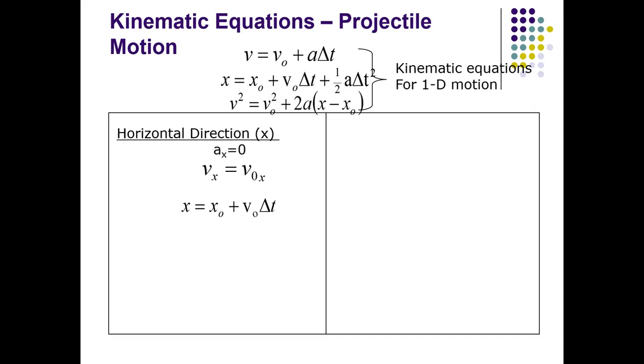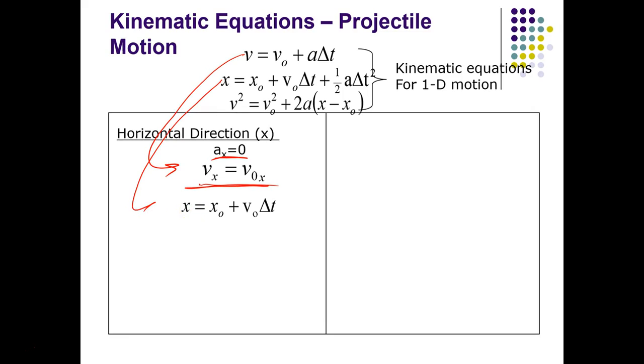With the way the x direction works, that horizontal direction, we know that our acceleration is 0, which means my final velocity is always going to be equal to my initial velocity. We can actually derive that from this equation here. If we plug in 0 for a, we just get vx is equal to v0. And then finally, whenever we use our displacement equation here, we know that our final position is equal to our initial position plus our initial velocity times our change in time.